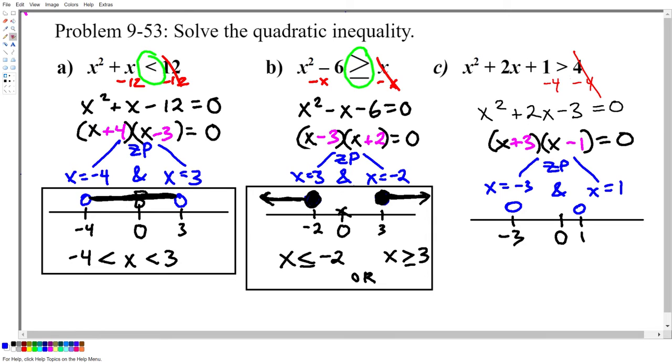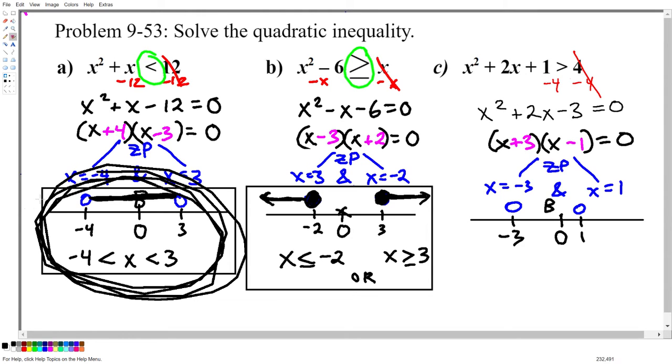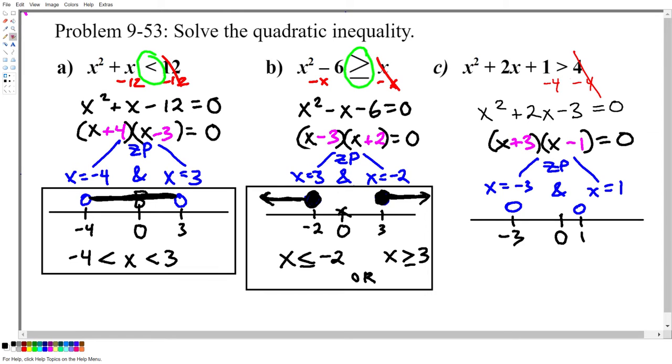Okay, so let's do our next step of let's test our regions. So there's 3 possible regions here that might be solutions. It could be in region A and C, similar to that one, or it could be in just region B, so similar to what we got here. So let's try out an easy number.